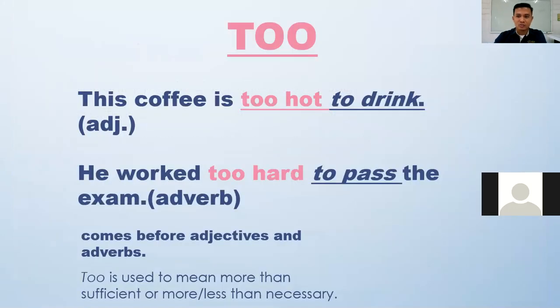Right, "too". This coffee is too hot to drink. Do you find "too" here? Yes. This coffee is too hot to drink. Look at these underlined words. We use "too" here after the verb to be, and what comes after "too"? Adjective, yes. "Hot" is an adjective.